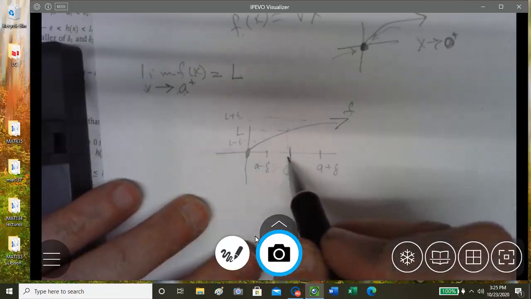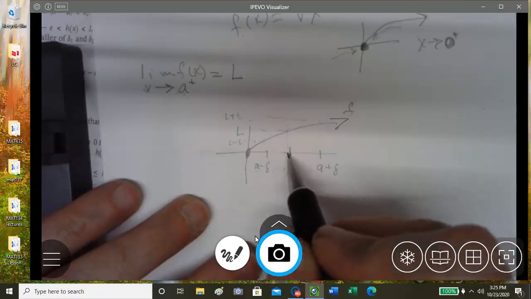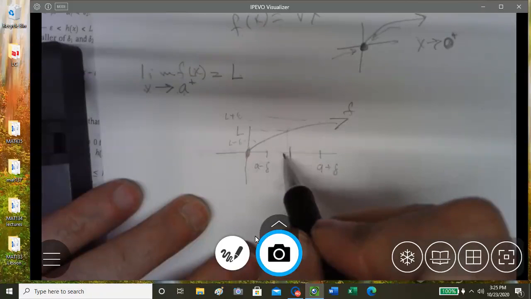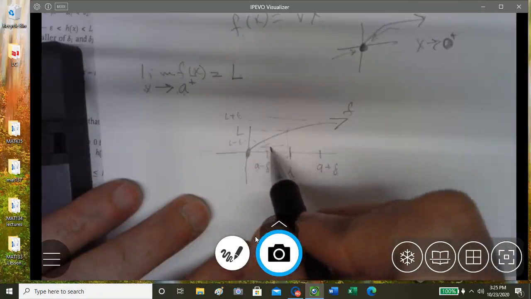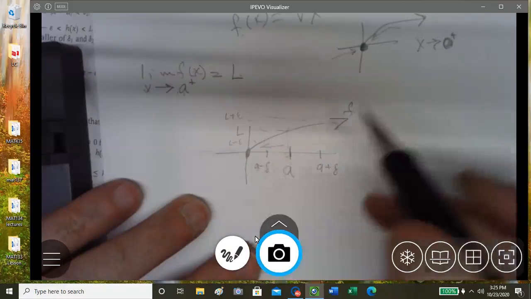Because you're approaching the limit from the left, you're going to be using a minus delta.